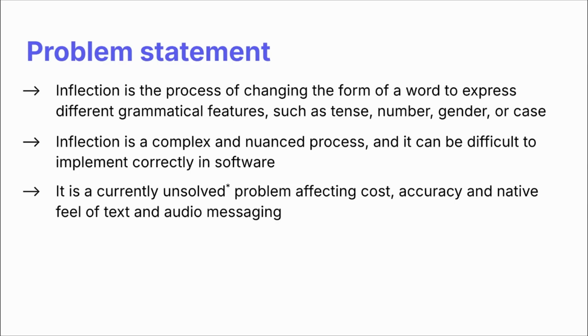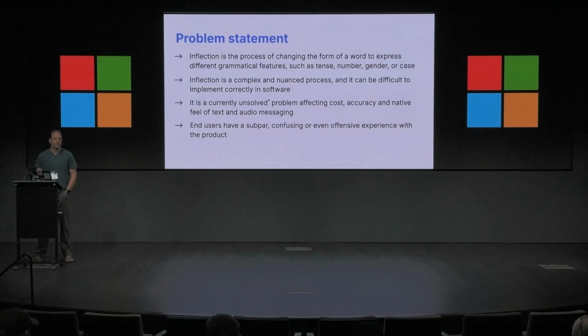There were some in-house solutions for assistant providing companies, but you cannot get a solution off the shelf. And this affects translation and localization costs, we'll see later, accuracy and feel of the messaging for the speakers. And this affects user happiness with the product.